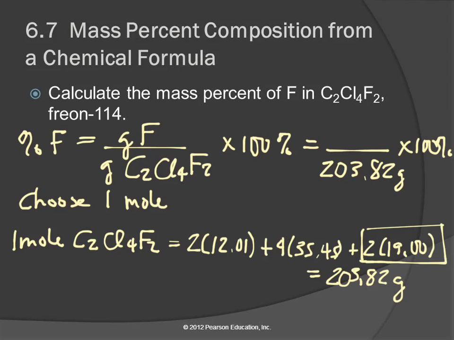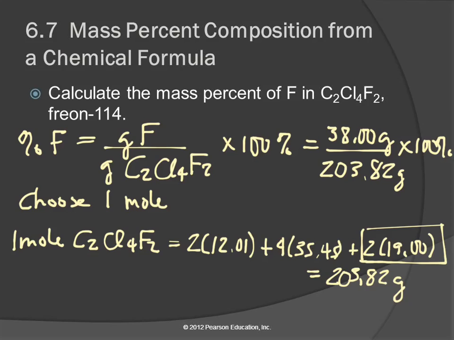If you write out your calculation for the molar mass of the compound, all you have to do is look at your calculation and pick out the term that relates to the element of interest. So this was the mass of fluorine. There's 2, because there's a 2 in the formula. 2 times 19 is 38. So that's the mass of the fluorine.